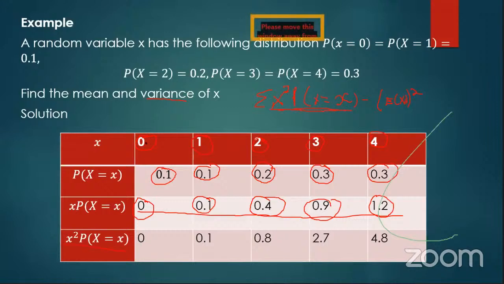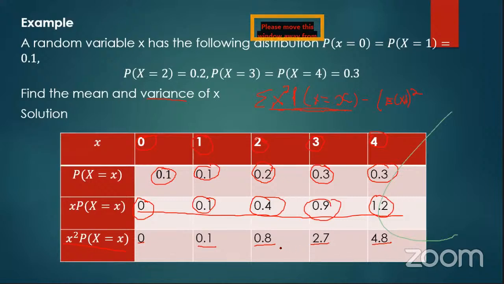We get 0 squared, which gives us 0, multiplied by 0.1 to still give us 0. Then 1 squared is 1, times 0.1 gives 0.1, and 4 times 0.2 gives us 0.8. 3 squared is 9 times 0.3 gives us 2.7, and 4 squared is 16 times 0.3, which gives us 4.8.